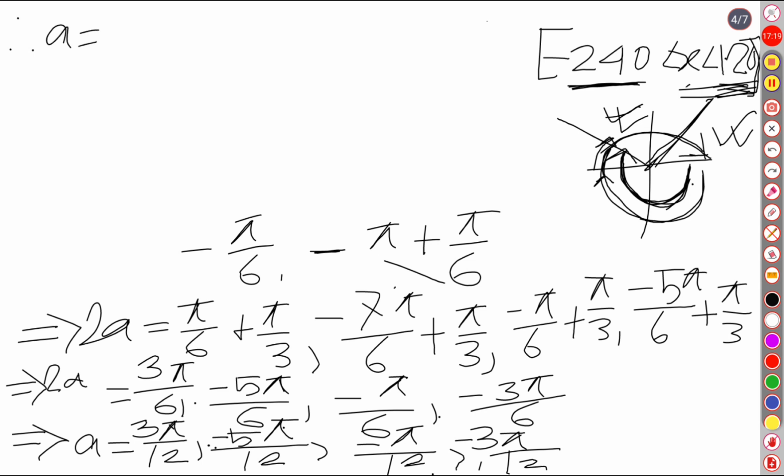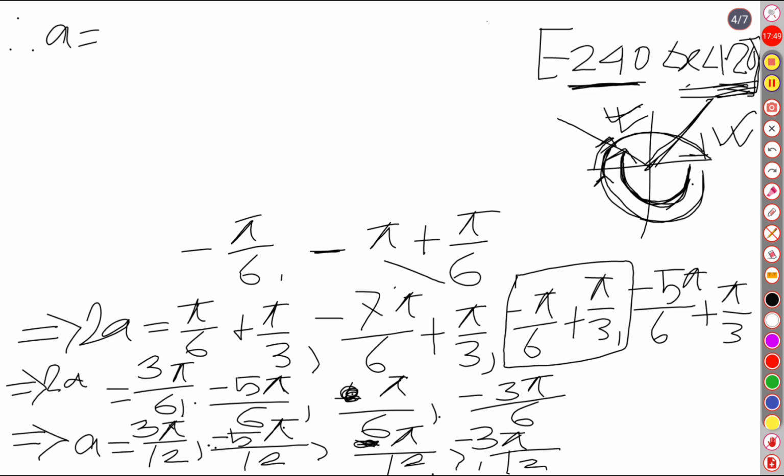We can choose the lowest one. The least one is which one? Negative pi over 12. Here there should not be a negative symbol because this is the third one. Look, third one is this. If we subtract negative 1 from 2, it will be positive 1.